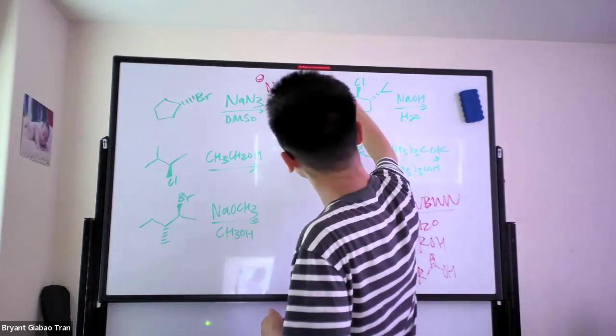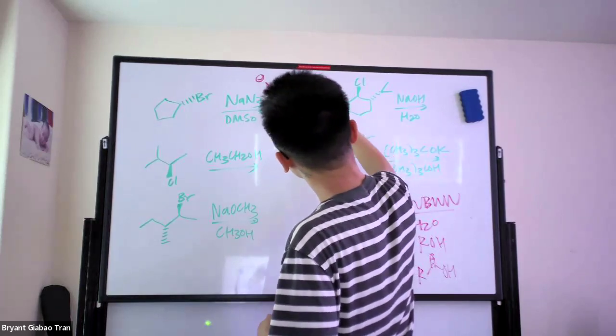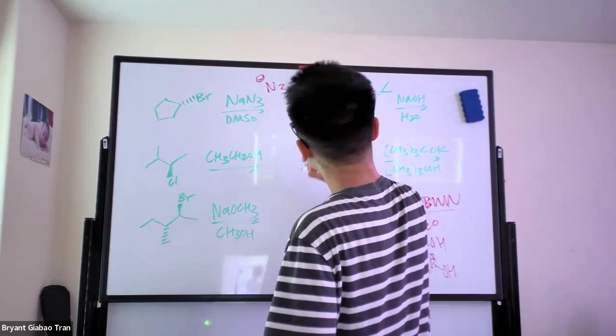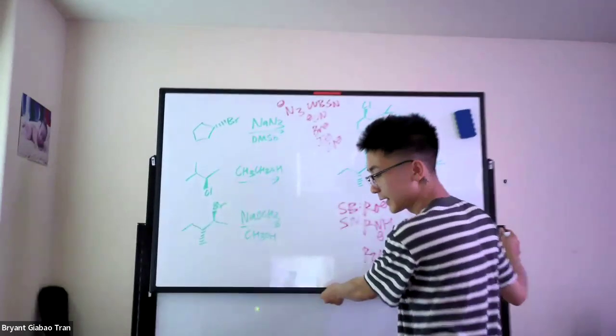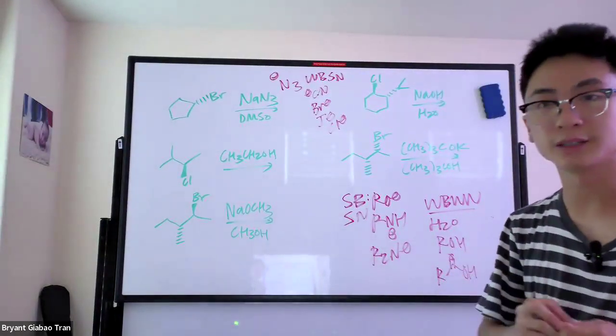And then the weak base, strong nucleophiles are like N3 minus, CN minus, Br minus, I minus, Cl minus. Those are the common weak base, strong nucleophiles, like NaCN, NaN3, or KCN or KN3.